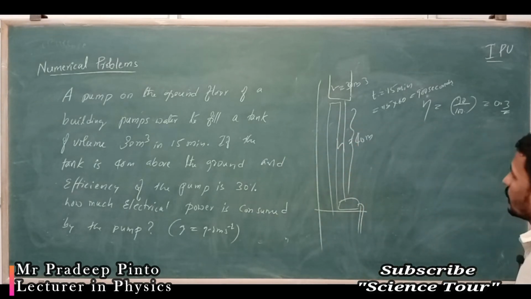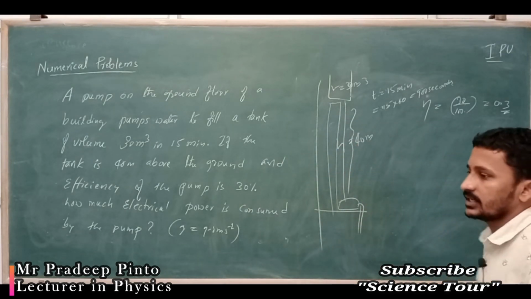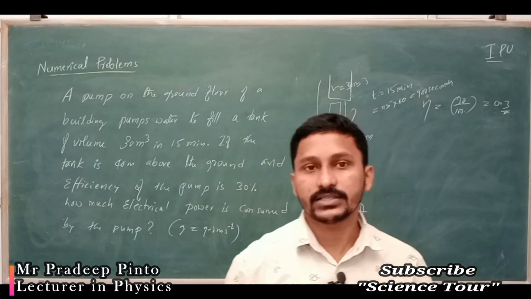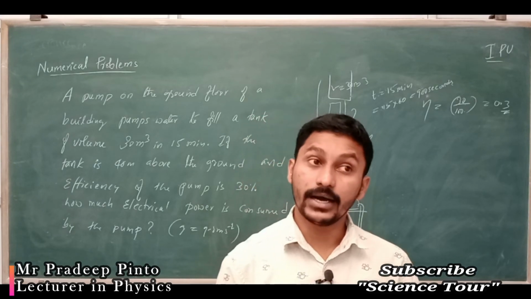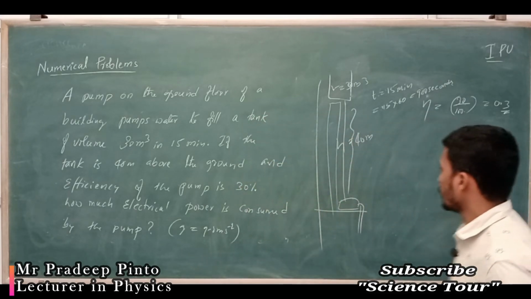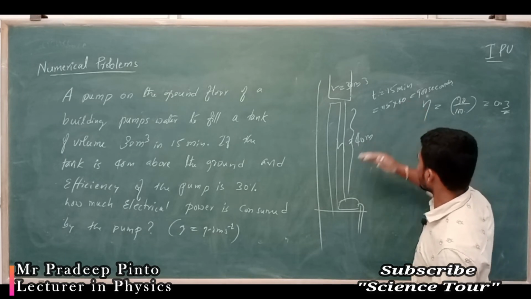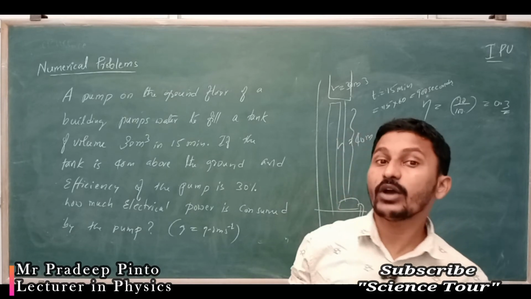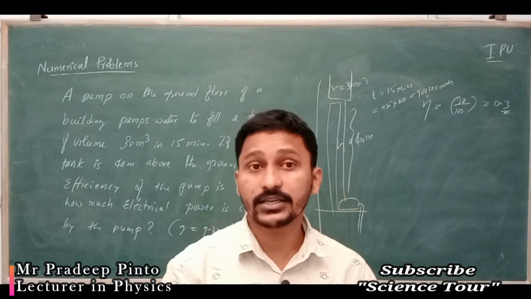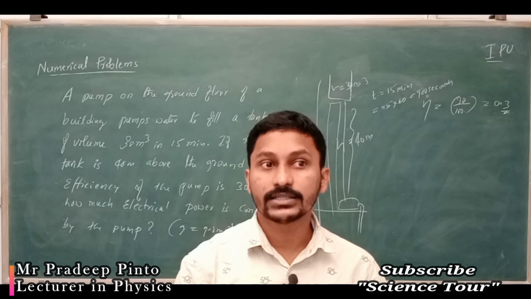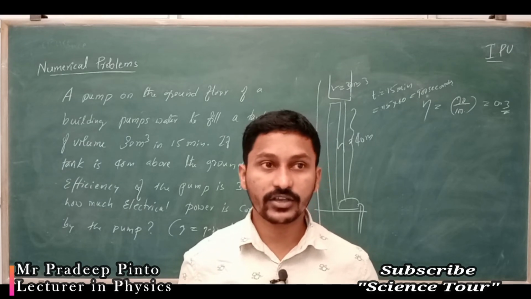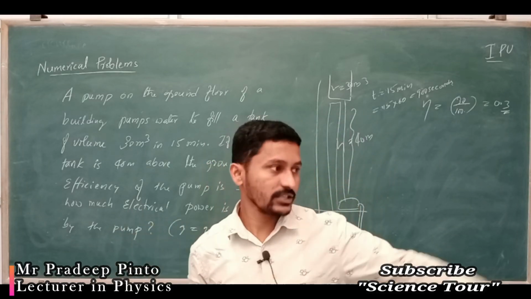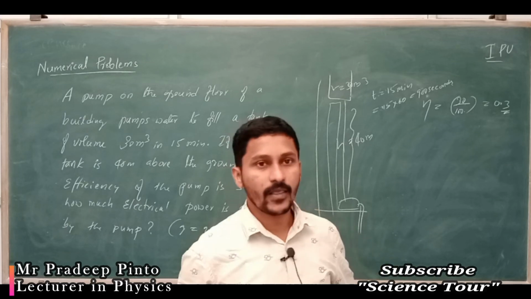Now whatever power you give, it will work only 30% of that. But it is told that in 15 minutes it has to lift the water and fill that tank. Then how much power do you have to give? But it only takes 30%, no? It is like 10 chocolates you have given, it only takes 3 chocolates and 7 chocolates are discarded.